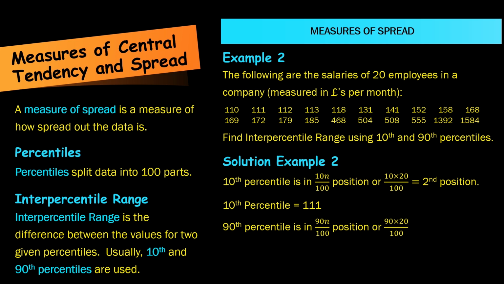And now for the 90th percentile. This is in the 90n over 100 position, or 90 times 20, because n equals 20, over 100. This is equal to the 18th position.